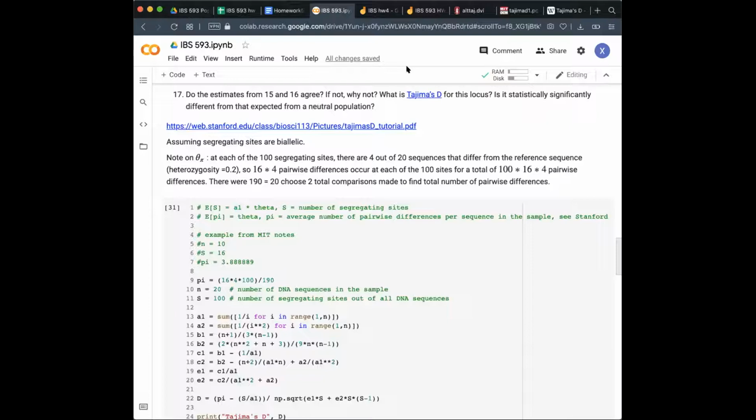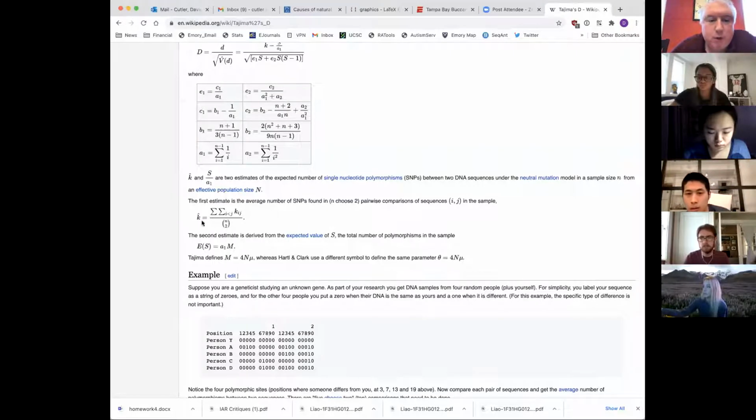Share screen, yeah. So when he derived his original pi estimate, he did it in terms of counting the number of nucleotide differences between every pair of sequences, and then taking the average number of differences between each pair of sequences. He called that k hat, and from k hat, he found an estimate of theta.